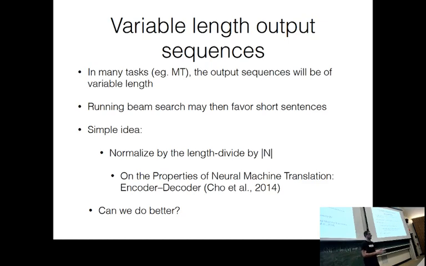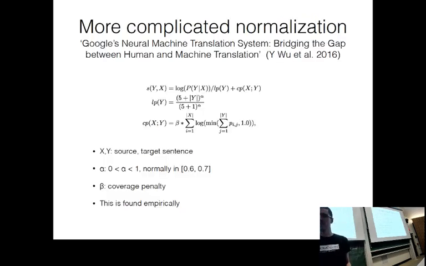So you want to be able to normalize that, so different length output sequences have approximately equal values. There's a very simple idea, just divide by the number of elements in the sequence. And this tends to work pretty well. If you're not particularly concerned about getting every last little point of BLEU score out of your model, you can probably just normalize by the length of the output sequence and it will be fine. But if you want to try to do better, there are quite a few things you can do.